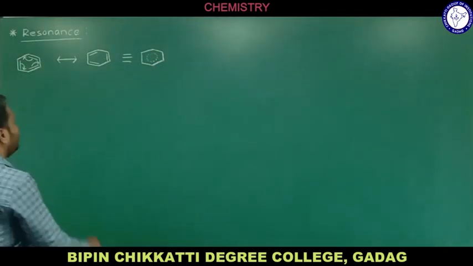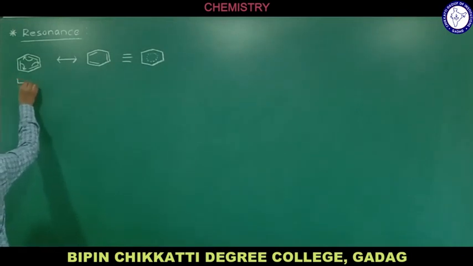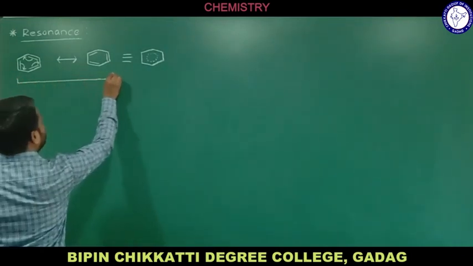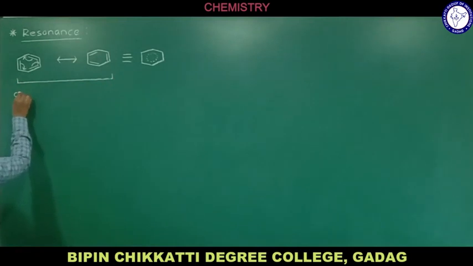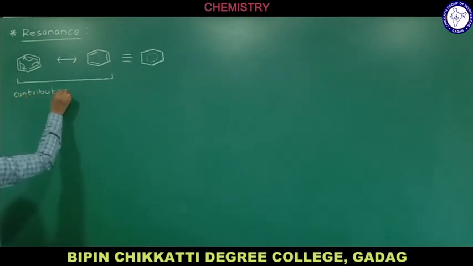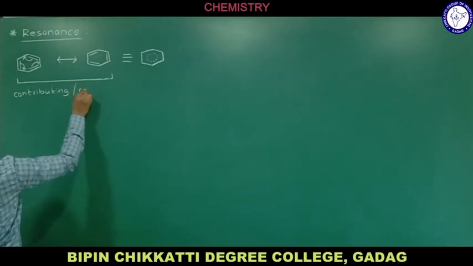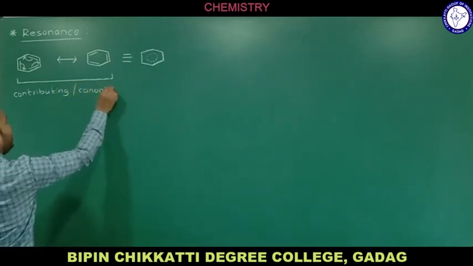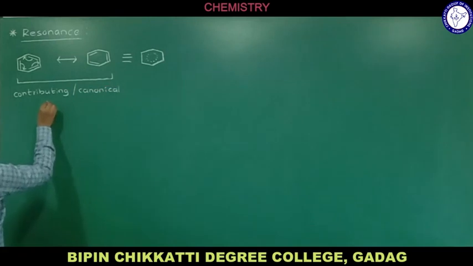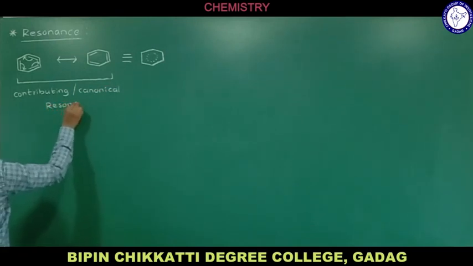So these two structures I represented I can call contributing structures, or canonical structures, and in general we call them resonance structures.